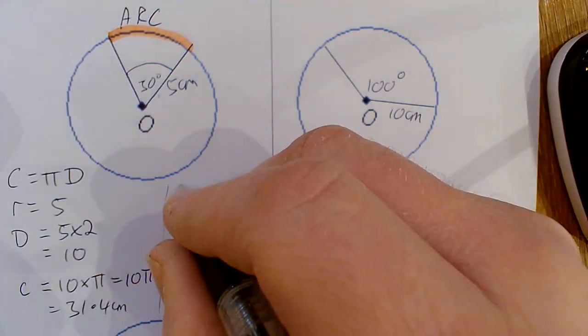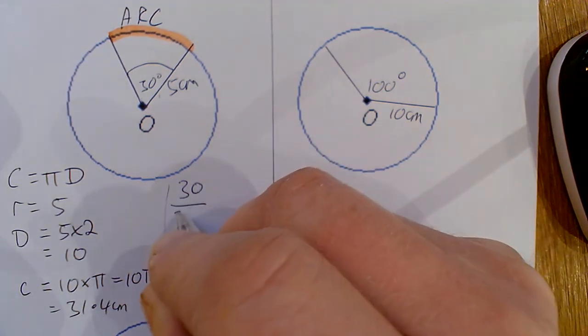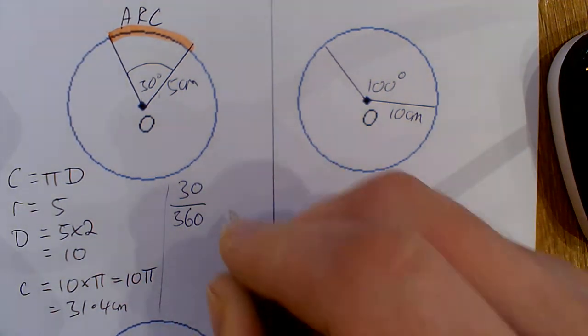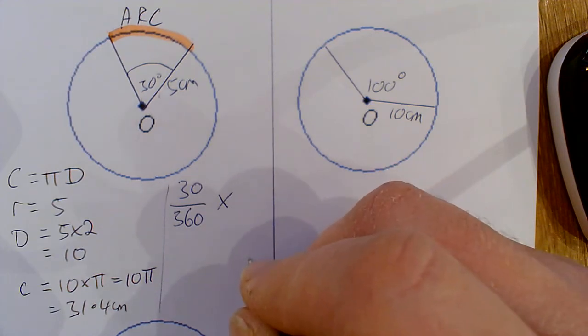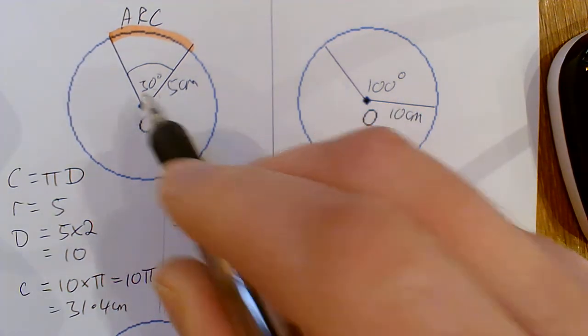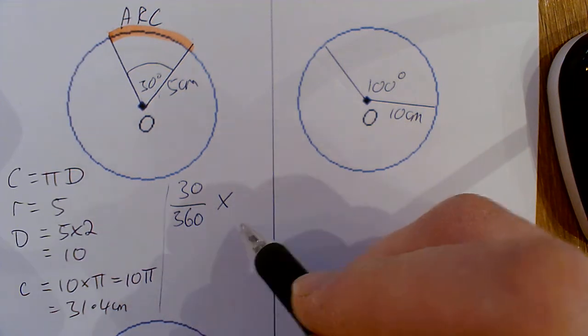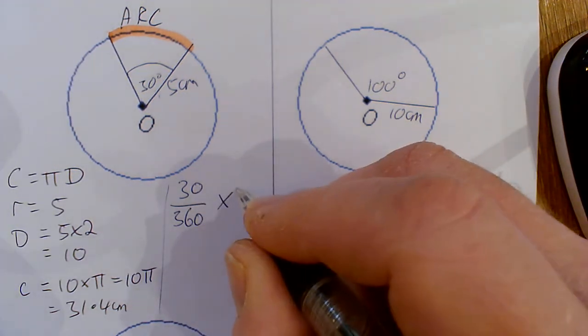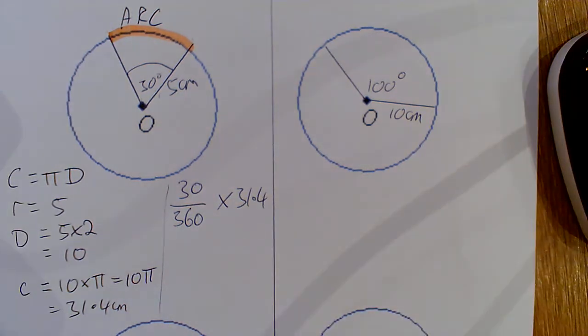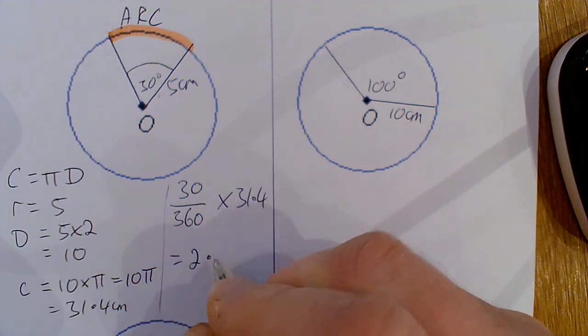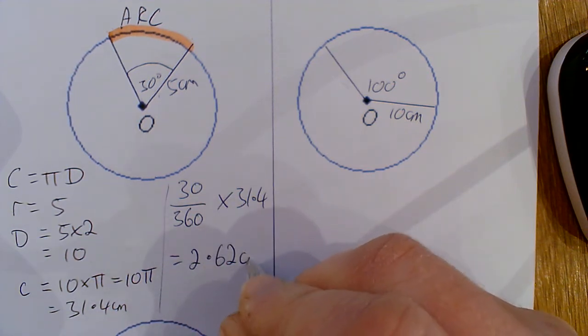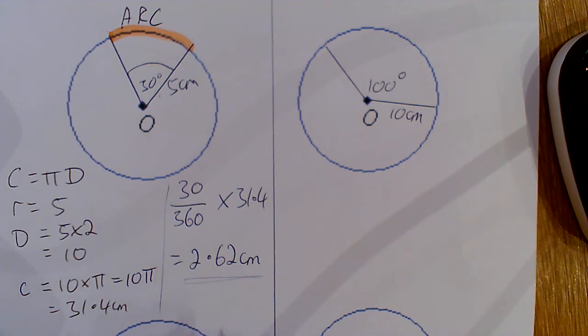So I then say it's 30 over 360 times the circumference. 30 because it's the angle, 360 because it's a circle. 30 over 360 times 31.4. And that gives me 2.62 centimetres. You can leave it in terms of pi as well, but 2.62 centimetres.